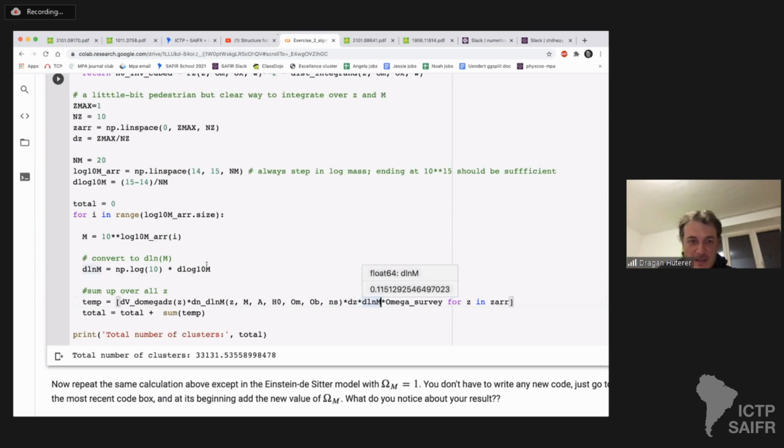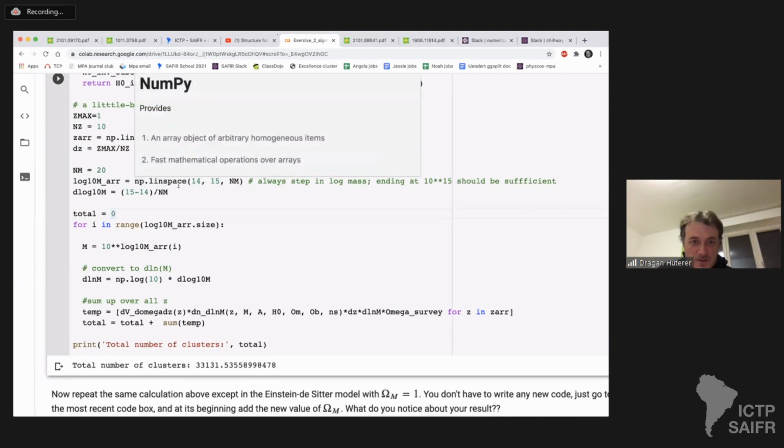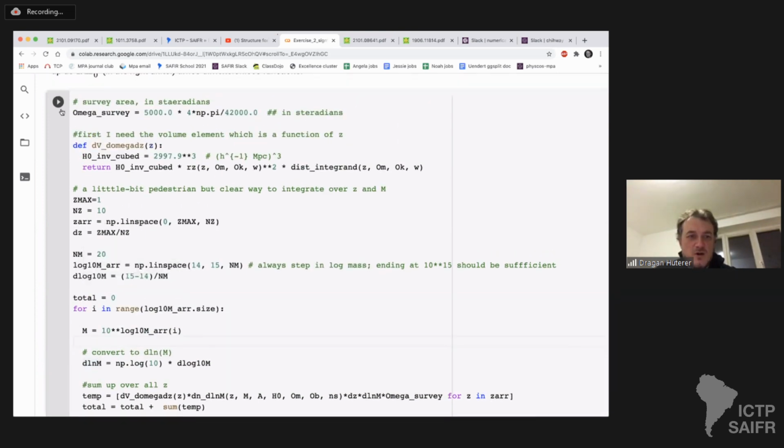I need the dlnM step here, the way I subdivided the space of masses, I subdivided in log. As a default, I did it 10 to the 14 to 10 to the 15, right? This is log M. So I convert from log M to ln M by multiplying by this. This is the kind of detail that can catch you. But if I've done all that correctly, I realize this is kind of a lot, but okay.